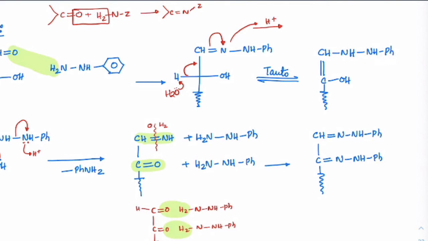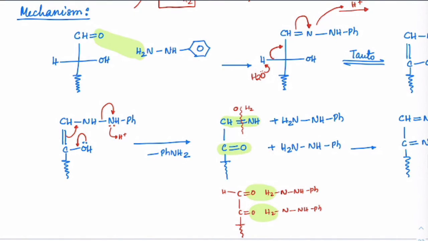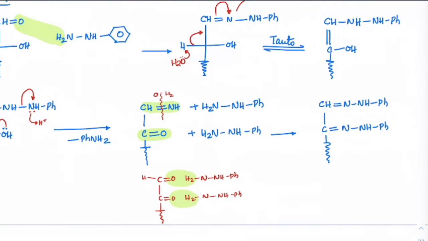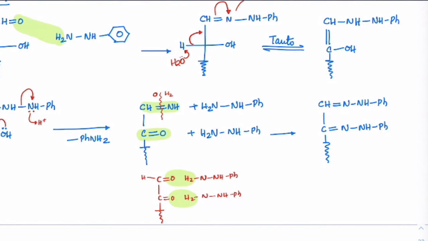Then the lone pair will make a double bond, releasing that PhNH2, aniline. The imine is unstable, and forms ketone or aldehyde groups, which are carbonyl groups. These react with 2 moles, and you will get this product, and the final product is osazone.